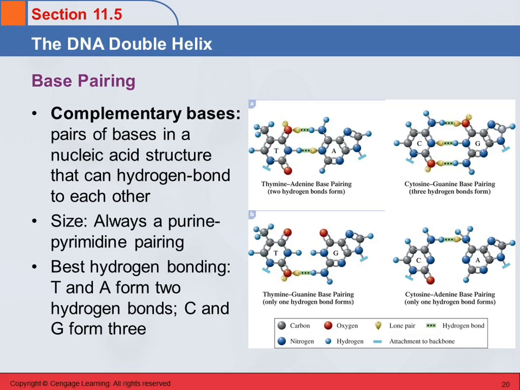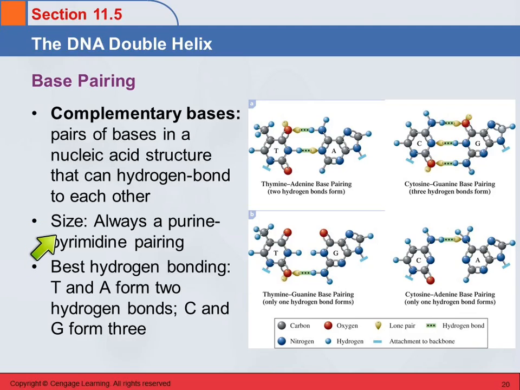And in order for that double helix to form, there are pairs of bases, one on each strand, and they're hydrogen bonding, that's what's holding it together, and they need to be roughly the same size so that it can be uniform. It's hard to make a staircase when some of the treads are much longer than the others. They all need to be the same. So the complementary bases come down to size and hydrogen bonding.